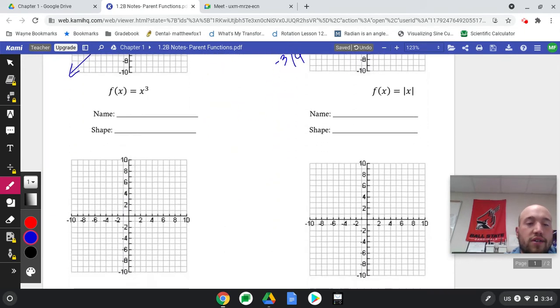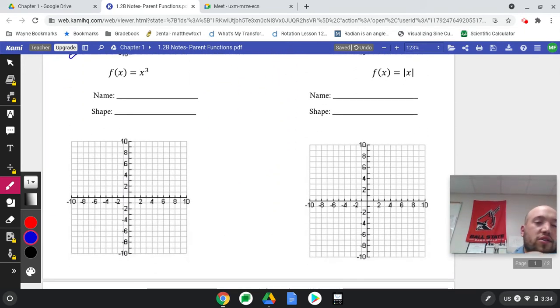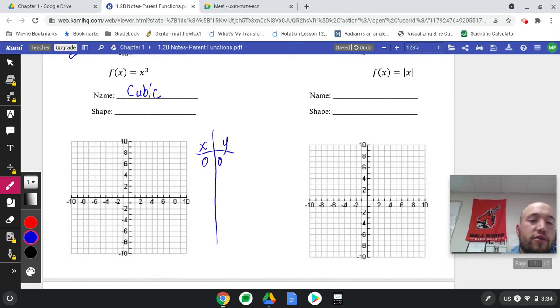Our next one, x to the third, this is known as our cubic function. And for this, once again, put in whatever values we want, but we want it to be nice. So 0 cubed is 0, 1 cubed is 1, 2 cubed is 8. Remember 2 times 2 times 2. -1 cubed, still -1. -2 cubed, -8.